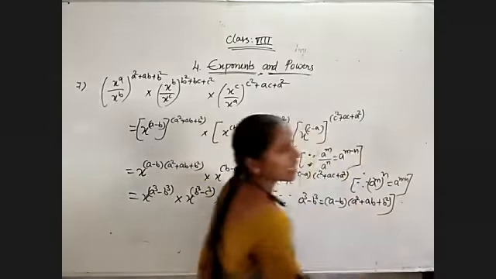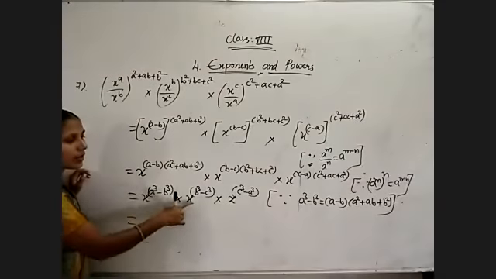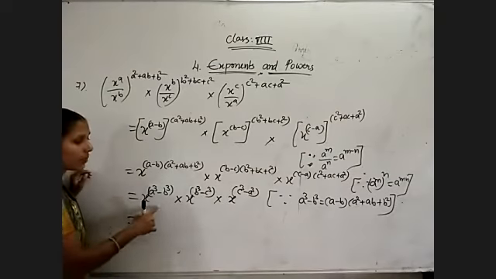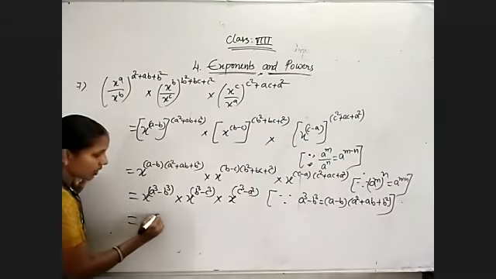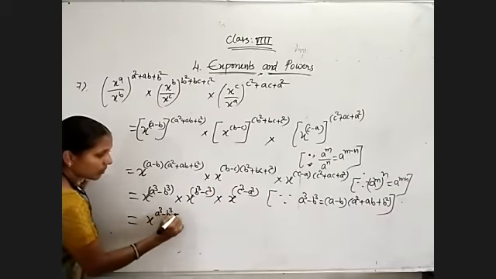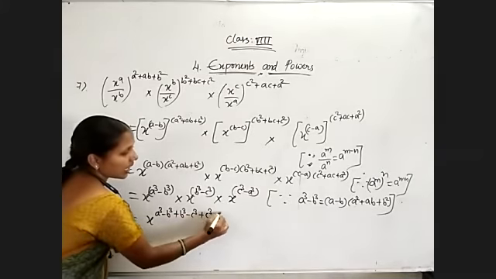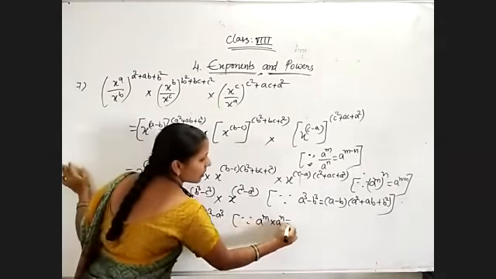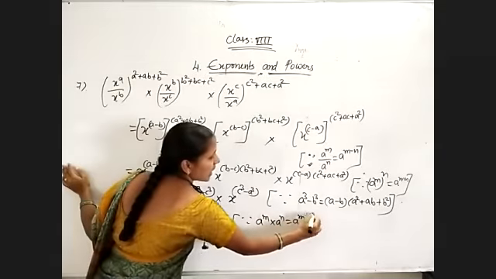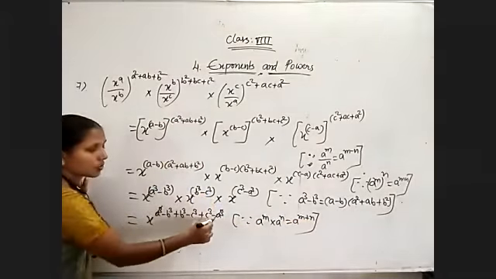So now again a power m into a power n, like that is there, so a power m plus n and so on. That is x to the power of a cube minus b cube plus b cube minus c cube plus c cube minus a cube, since we have the formula a power m into a power n is equal to a to the power of m plus n. Now plus a cube minus a cube will get cancelled.